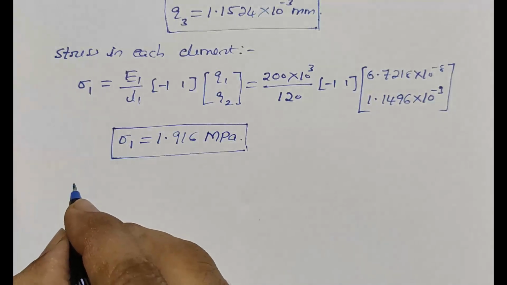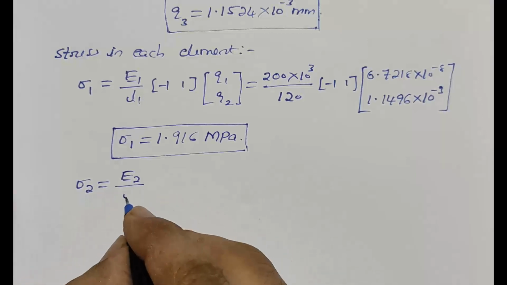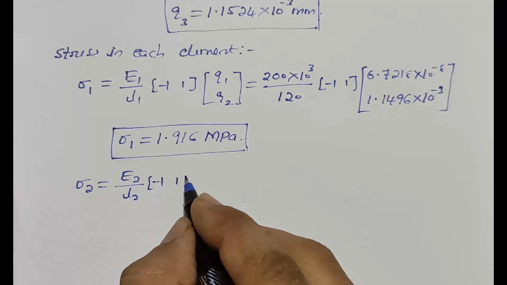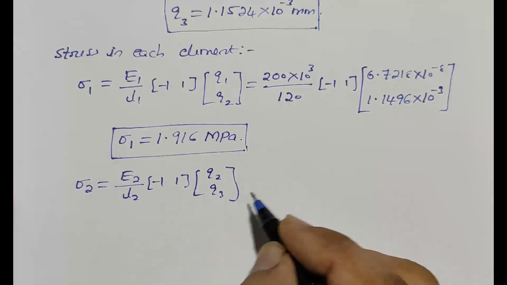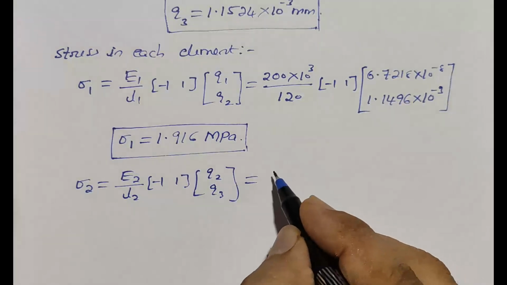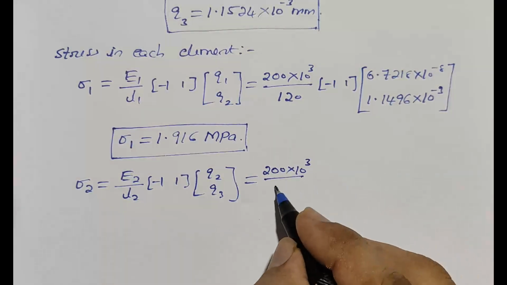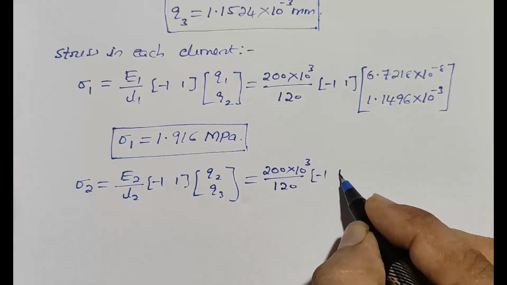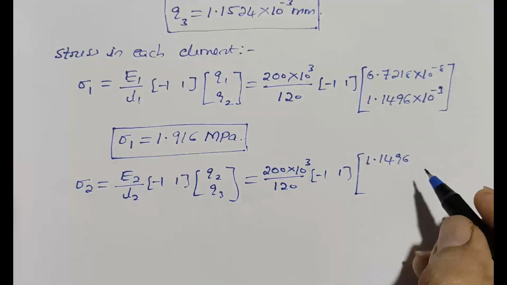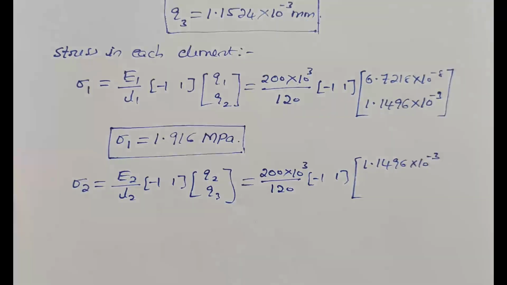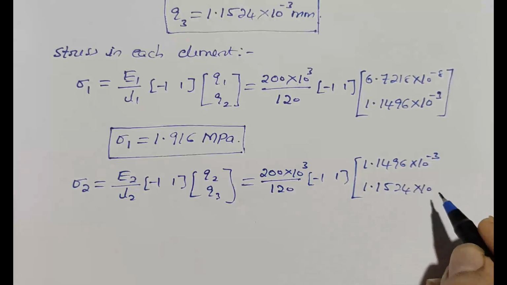Next, we need stress in second element, that is sigma 2 is equal to E2 by L2 times minus 1, 1, Q2, Q3, is equal to, we will substitute the given value, 200 into 10 power 3 divided by length 120, minus 1, 1, Q2 it is 1.1496 into 10 power minus 3, Q3 is 1.1524 into 10 power minus 3.